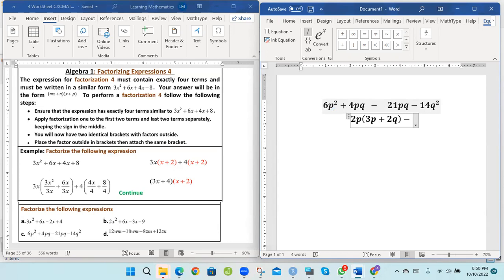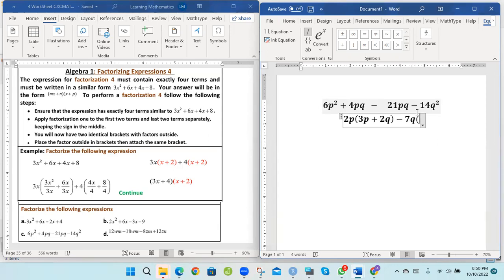Now, this is negative. We have negative 21 and negative 14. Negative 7. P is not common, but Q is common. We put out the lowest, which is q, and then you open a bracket.